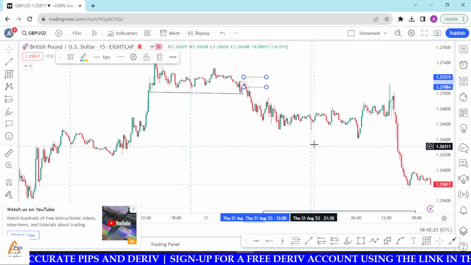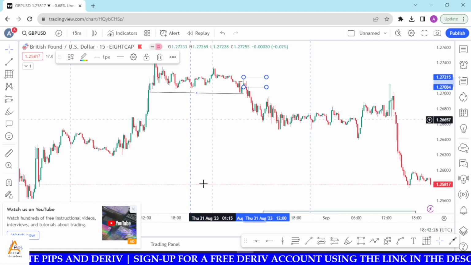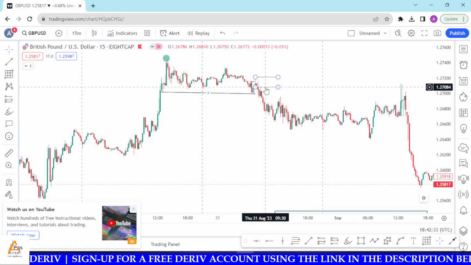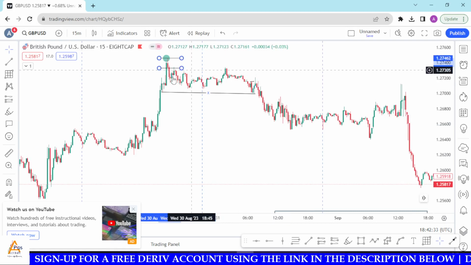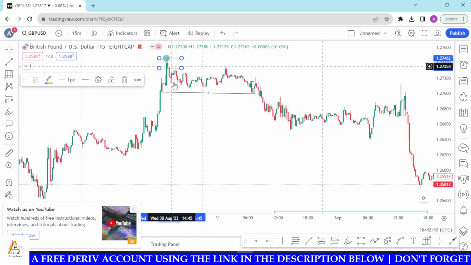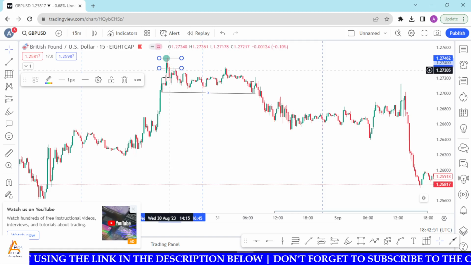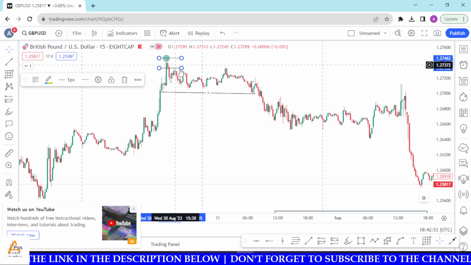Or we tap onto a higher time frame order block, for instance, this area here. If let's say this was a valid order block, it's an order block but it's not valid because look at this. It was once valid, but as we speak now, it's no more valid. But before it was mitigated, there was imbalance between this and this. So in that sense, it was valid at that time.